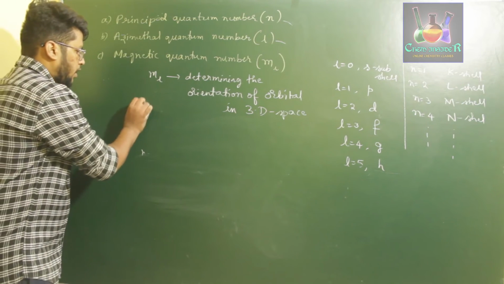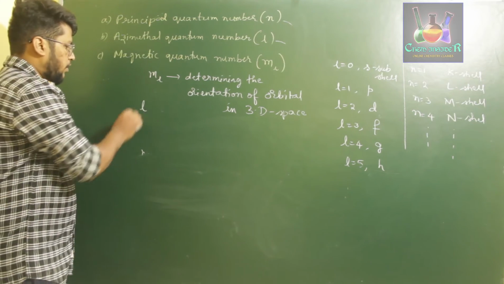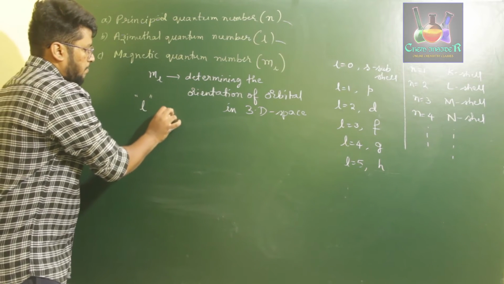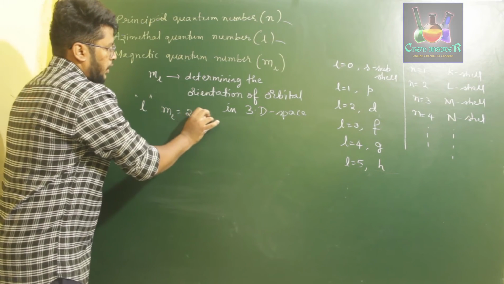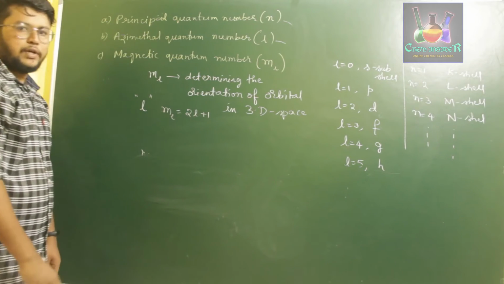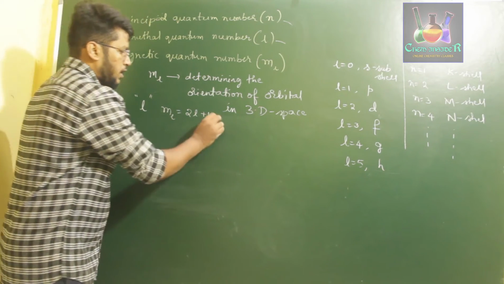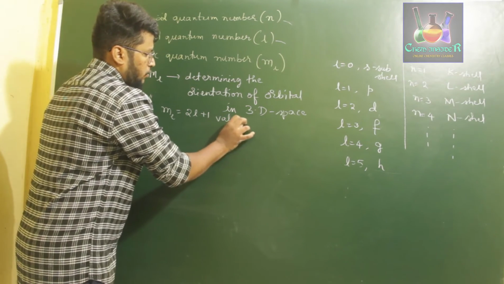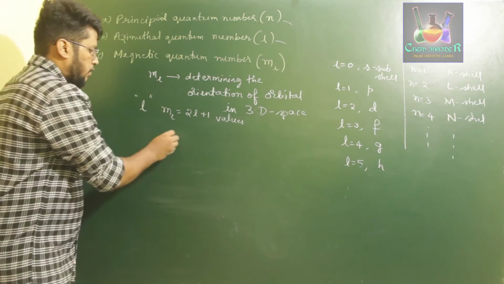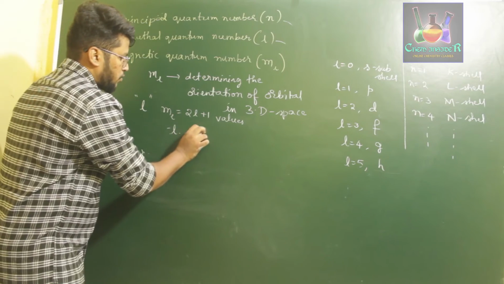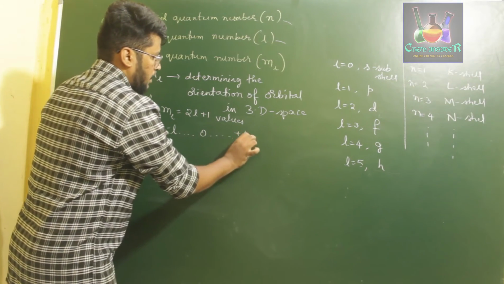That is, for every L value, ML can have 2L plus 1 values. The values will start from minus L to 0 and from there on to plus L.